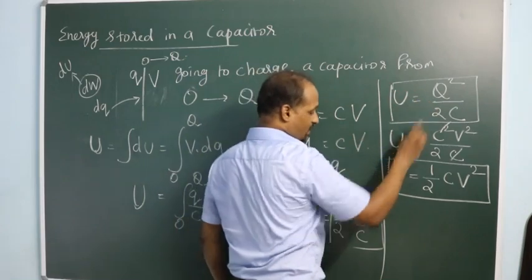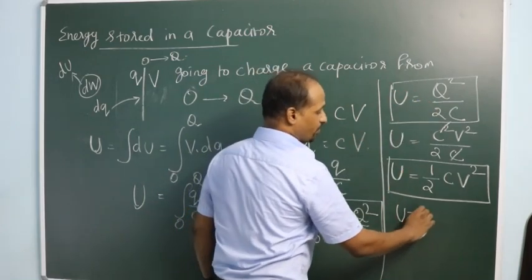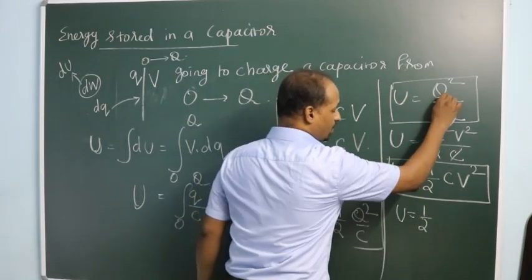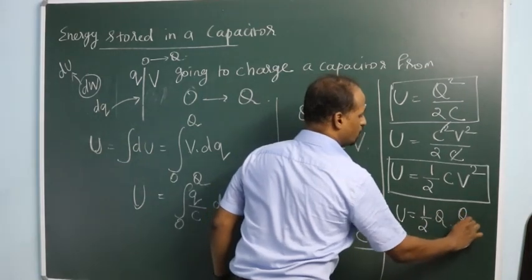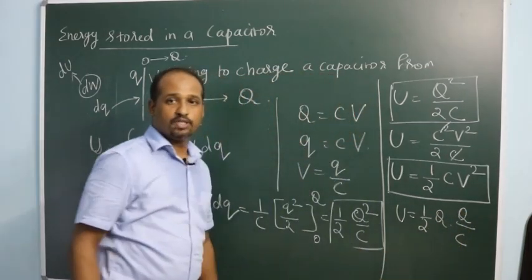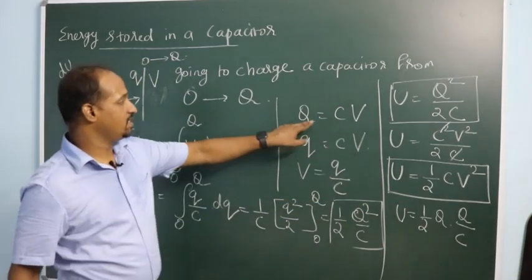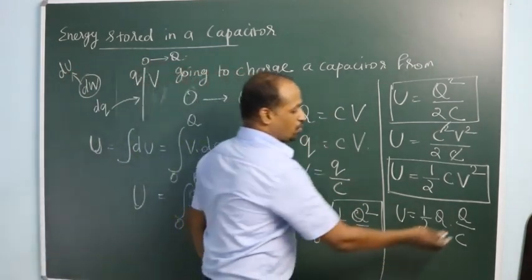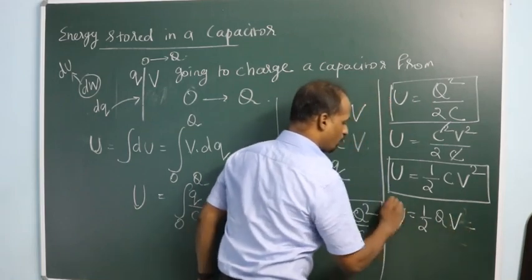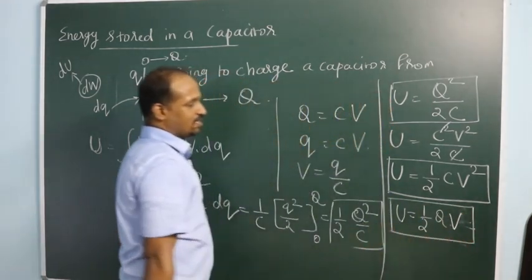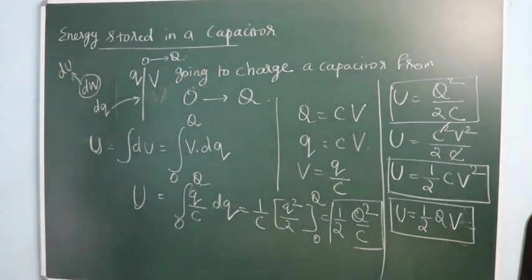The other form: Q square by 2C can be written as half into Q into Q by C. What is Q by C? Q by C is V. So it is half QV. Energy stored in a capacitor is either half CV square, or Q square by 2C, or half QV.